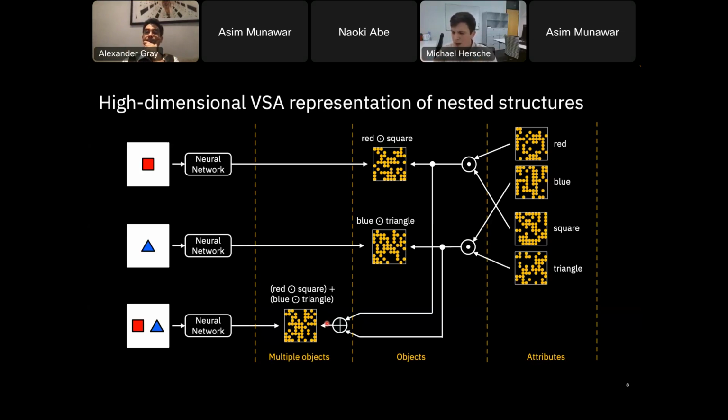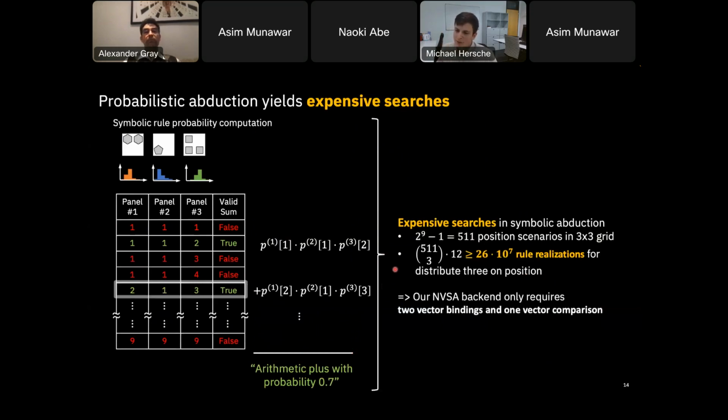In the NVSA backend, we can compute 200 million different rule realizations in parallel, working with vectors of dimension 1,000. So this is actually sufficient there.